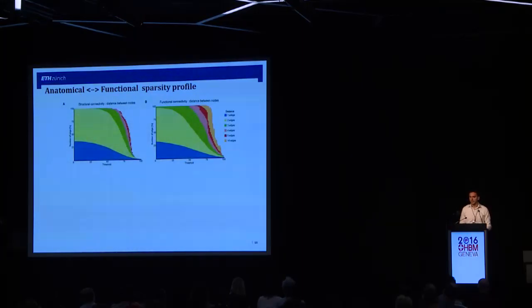But what is most interesting is that now we can interrogate these matrices. For example, we can see which nodes are connected by only one edge in both the functional and the structural matrices.